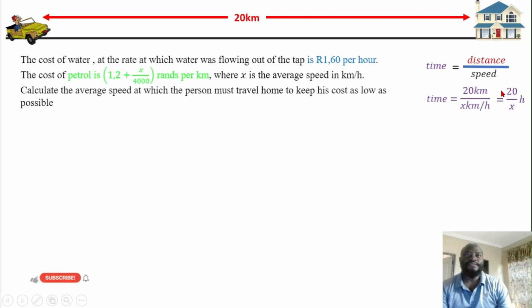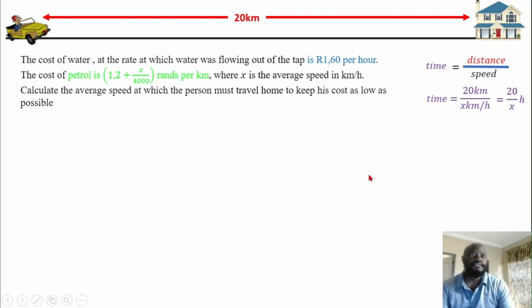So making time the subject, we get this, and then since the distance is 20 kilometers and the speed is x, our time from here to home will be 20 divided by x hours. Okay, so now let's continue.